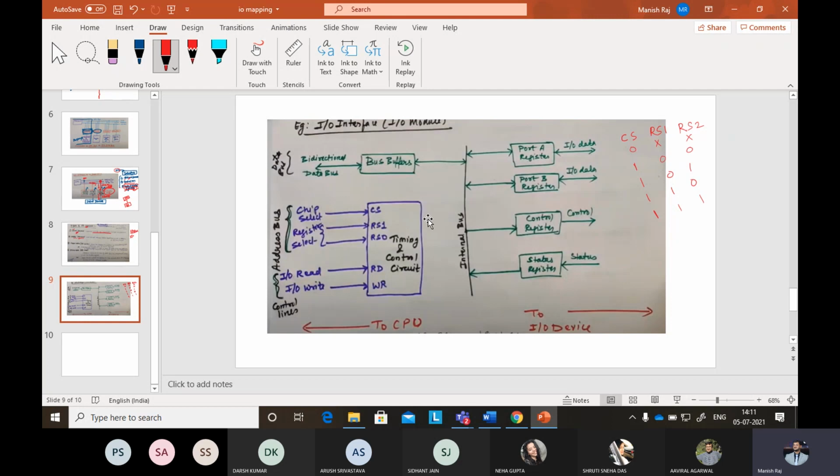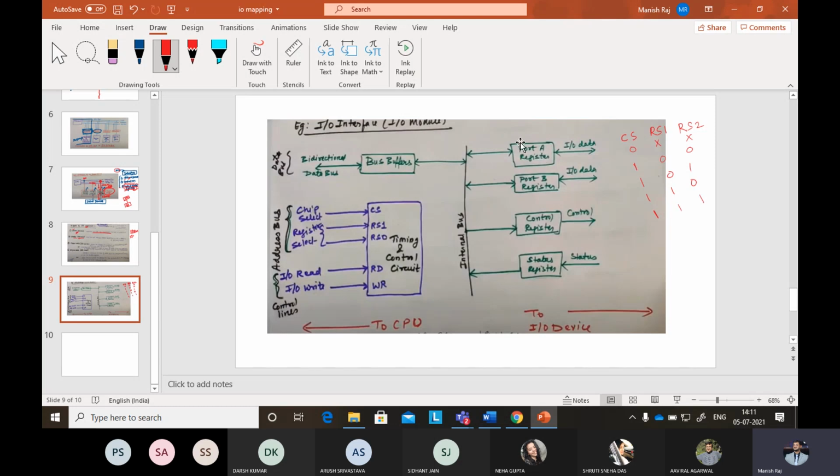When I select 0 0 on RS1 and RS0, port A will be active. If you want a read or write operation, you enable the read or the write signal according to your application. If you enable read, you make it 1 and you make write 0. With RS1 and RS0 equal to 0 0, port A will be active and the other registers will be inactive.